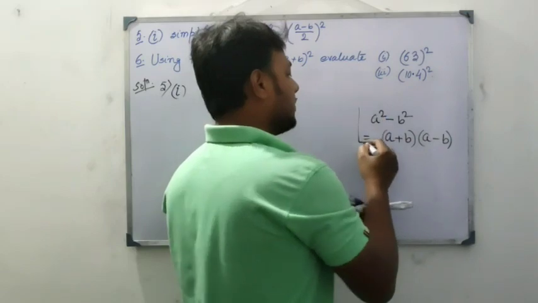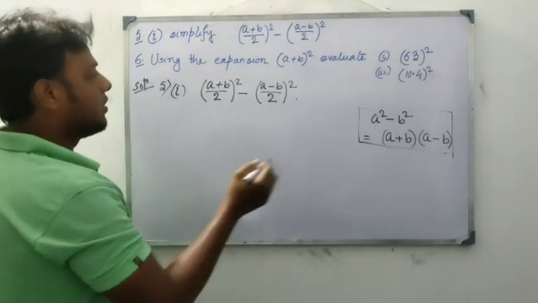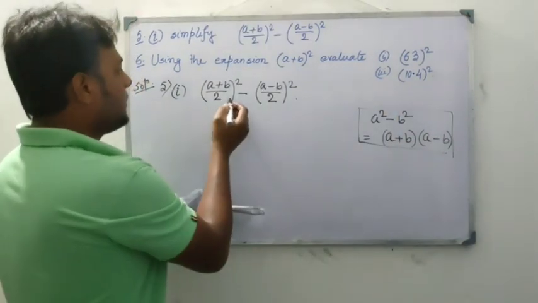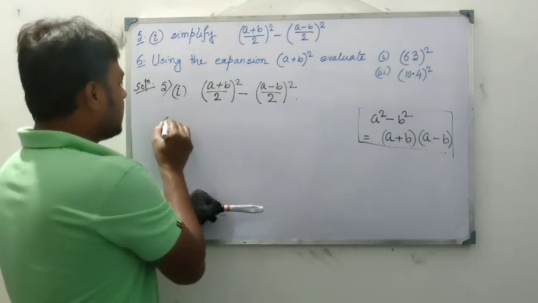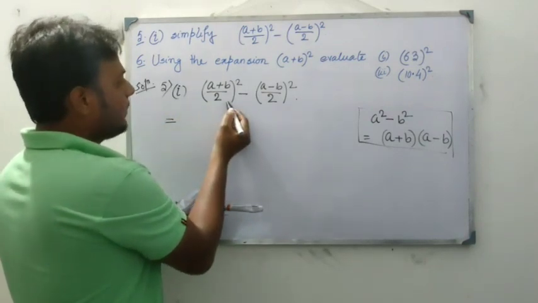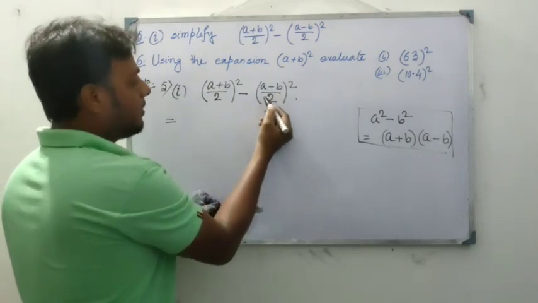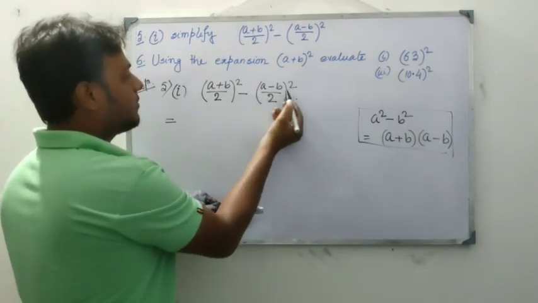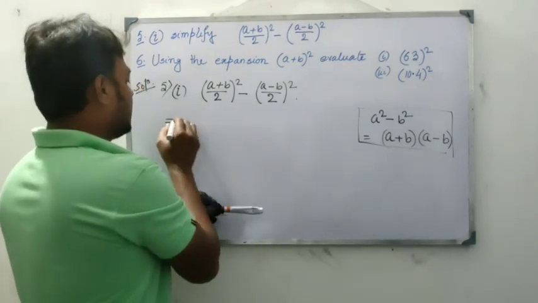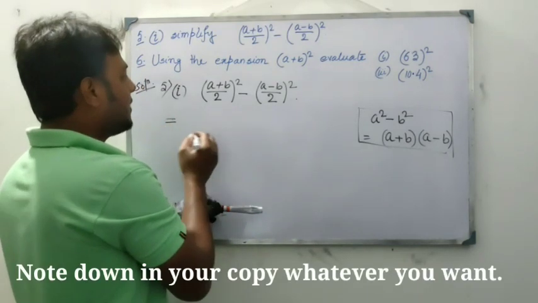I told you to memorize these identities. So we will apply that identity to simplify this one. You can consider the first one as a, then this is a square, and you can consider the second one as b. So a square minus b square, so it will be (a plus b) into (a minus b).